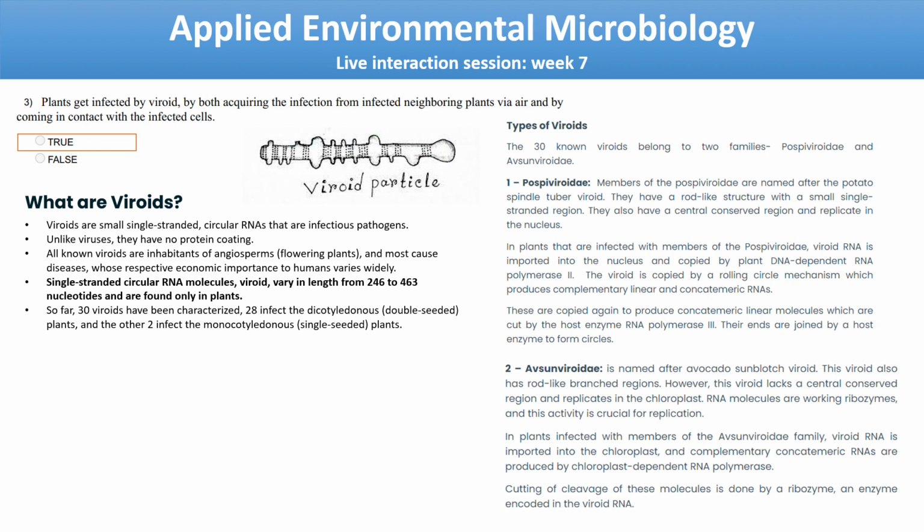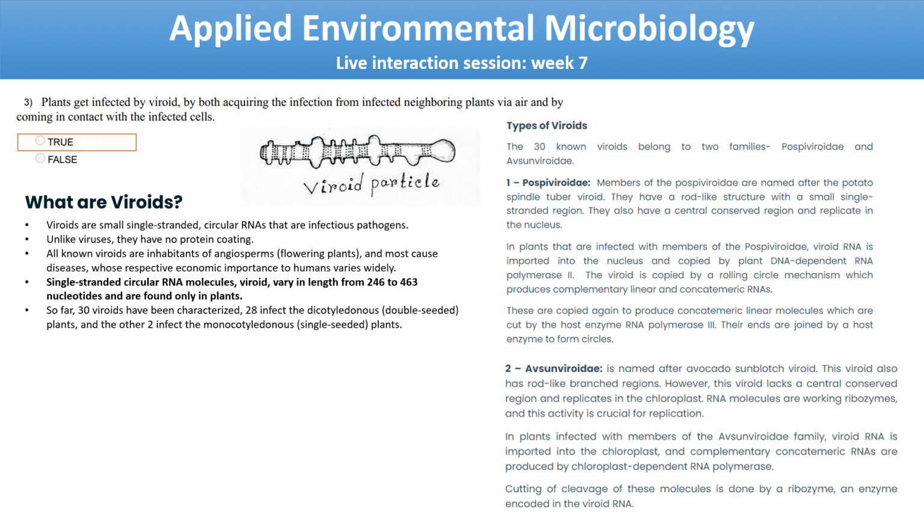Members of this family are named after the potato spindle tuber viroid. This viroid has a rod-like structure with a small single-stranded region, and they have a conserved region which is centrally located, and they replicate in the nucleus of the host.